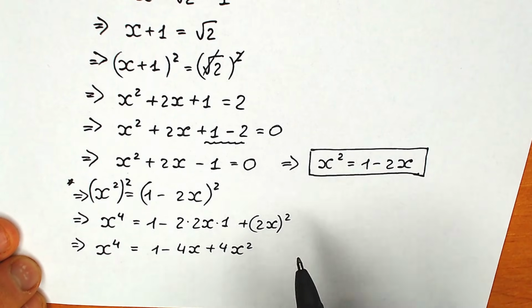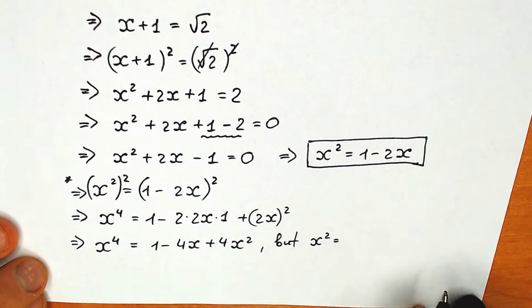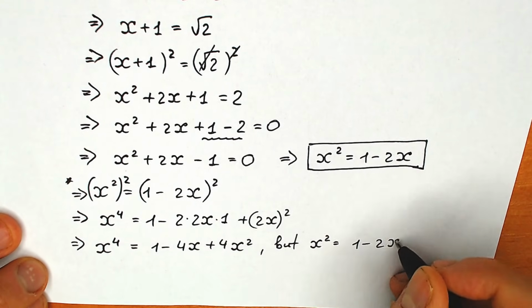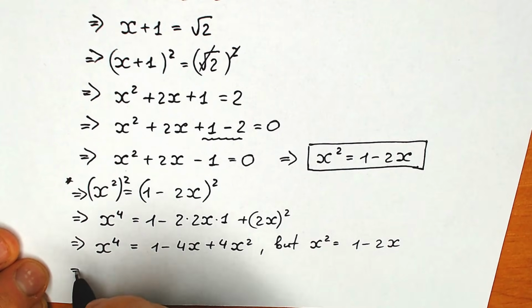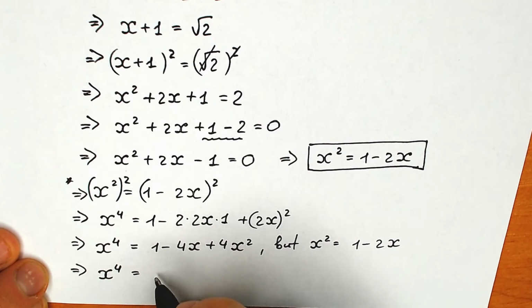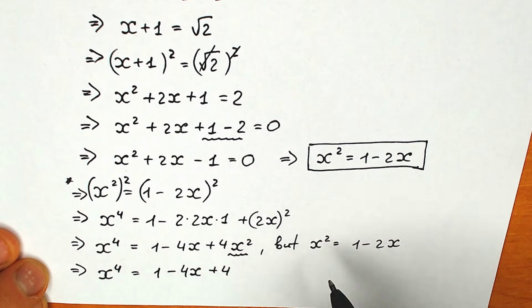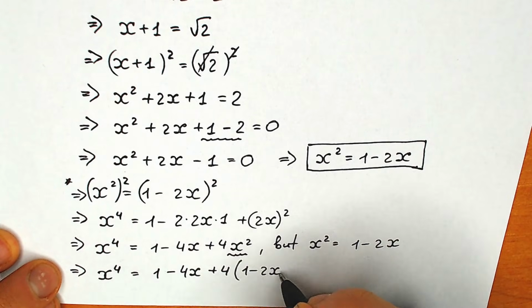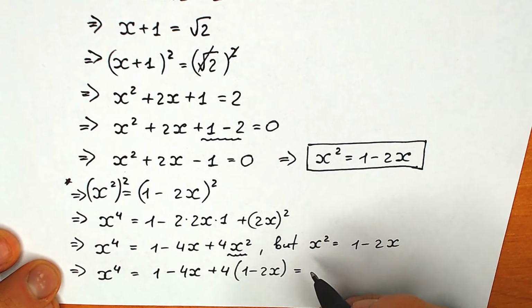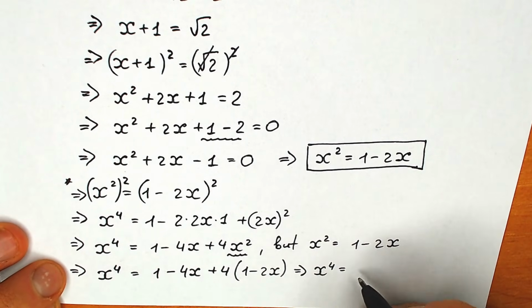But one really important moment: x squared equal to 1 minus 2x. So right here, instead of x squared, let's plug in 1 minus 2x. So we have x to the power 4 equal to 1 minus 4x plus 4 times 1 minus 2x.